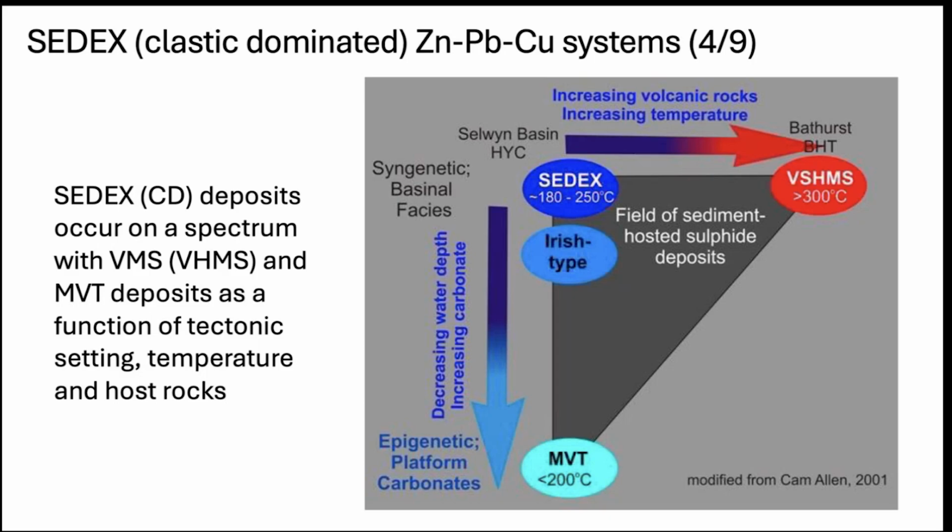So what I could figure out, and I might be wrong, is that Irish type are a SEDEX or an MVT that are associated with volcanic igneous rocks. Whereas SEDEX and MVT are not associated with any such things.